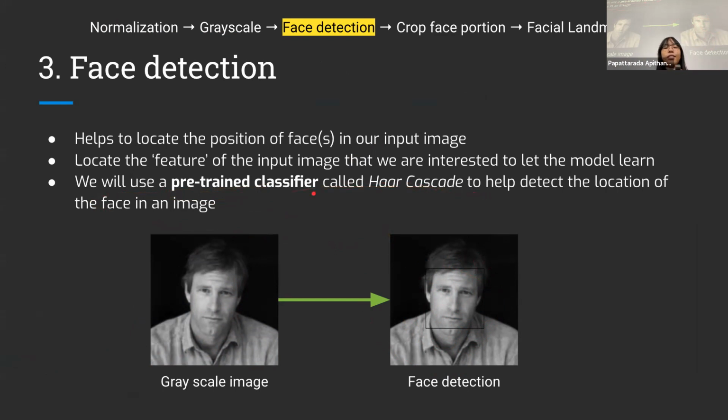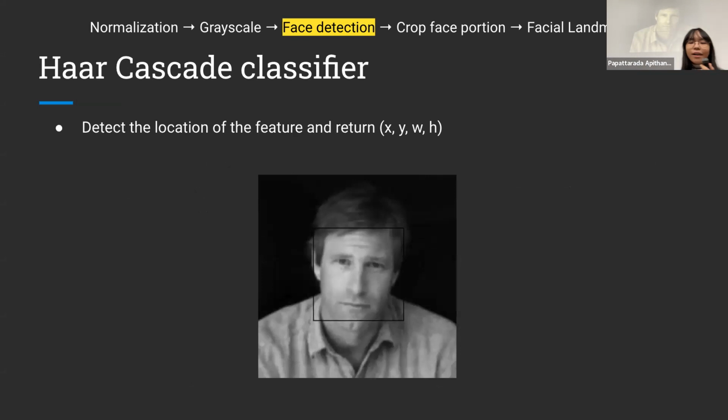The name of this pre-trained classifier is Haar cascade. The Haar cascade is going to help us detect the location. So how does it do this? Let me show you how it works. Since Haar cascade is a pre-trained classifier, we can straight away use it.